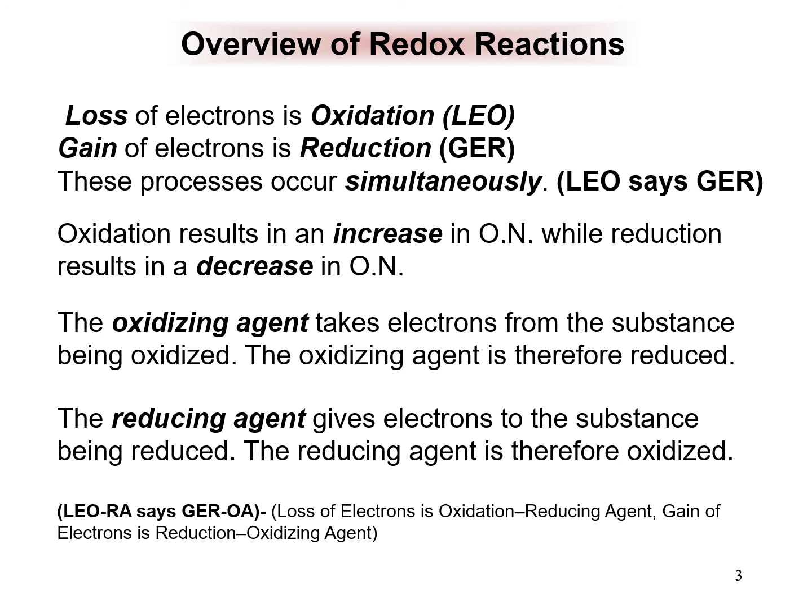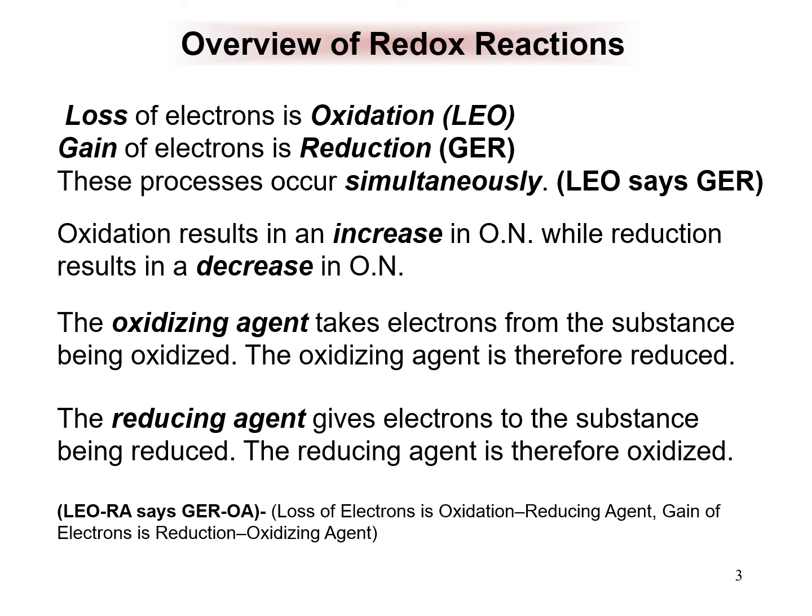To easily remember this, you can remember LEO the lion says GER. LEO stands for loss of electrons is oxidation, where L is loss and E is electrons. GER means gain of electrons is reduction. That makes it easier for us to remember what is what.